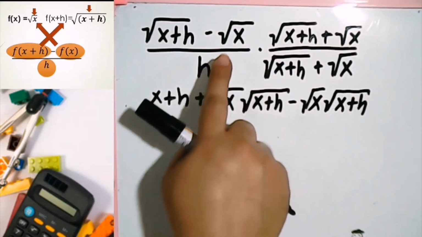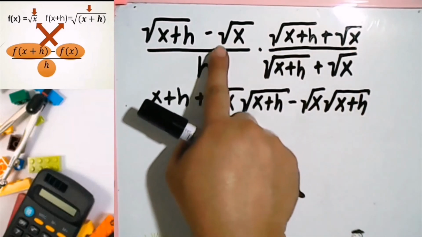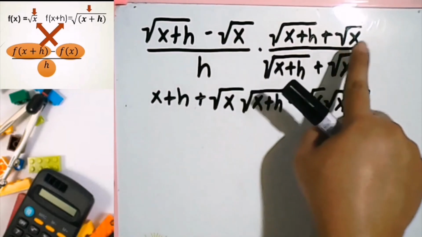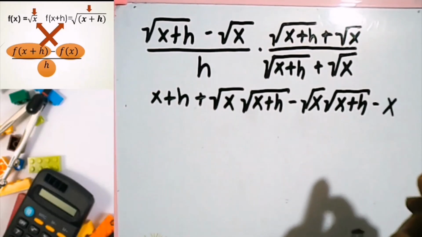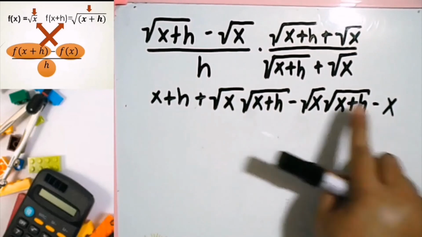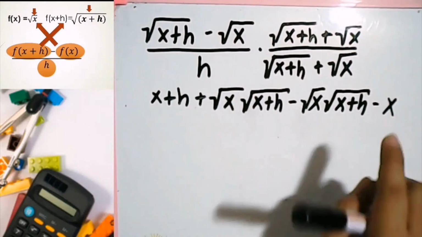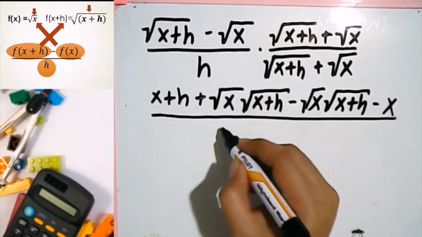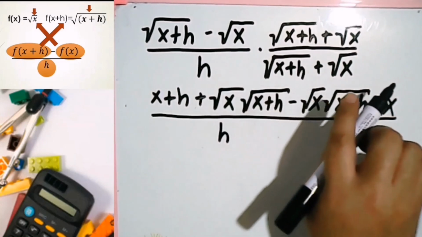And then you multiply the last part, the negative square root of x multiplied by square root of x, the answer is negative x, because if you multiply square root of x times square root of x, the answer is x. And then since this is negative, this one is positive, the answer is negative x. And then now let's proceed with the denominator. h multiplied by square root of x plus h plus square root of x plus h.